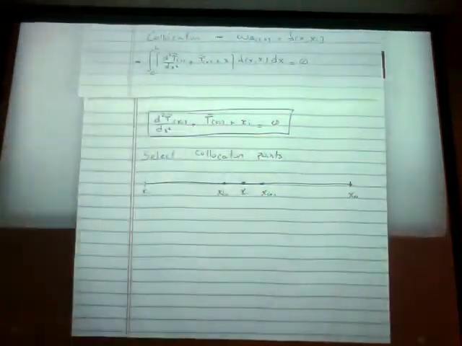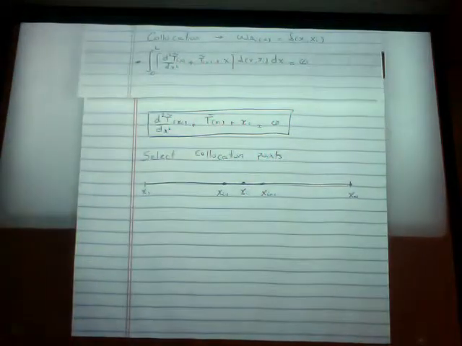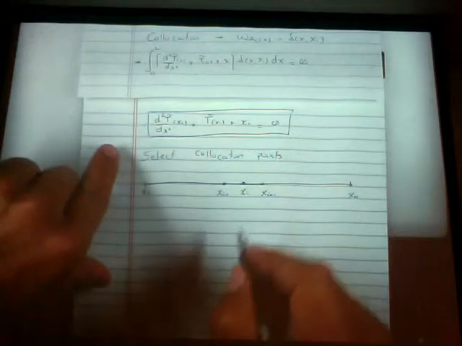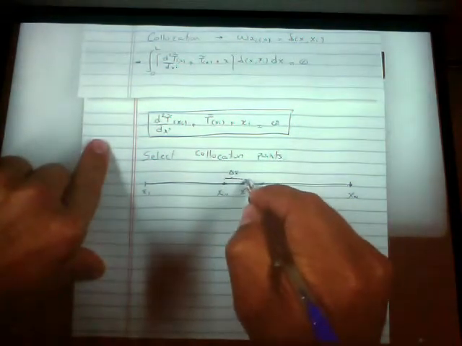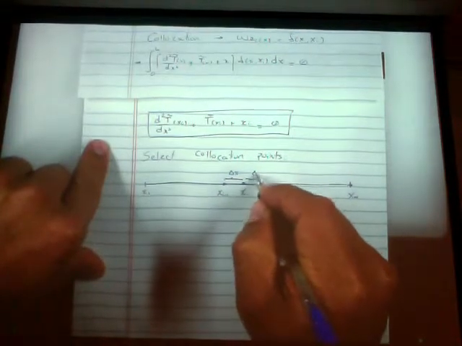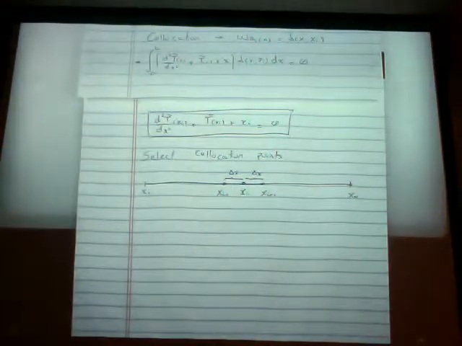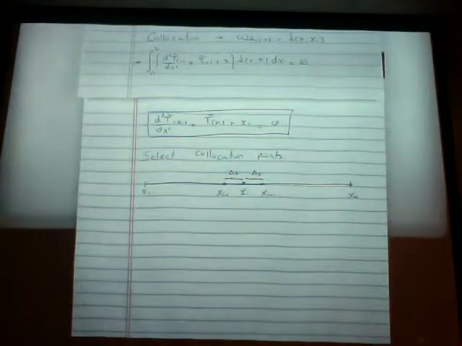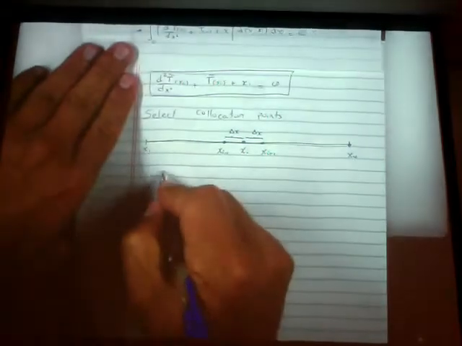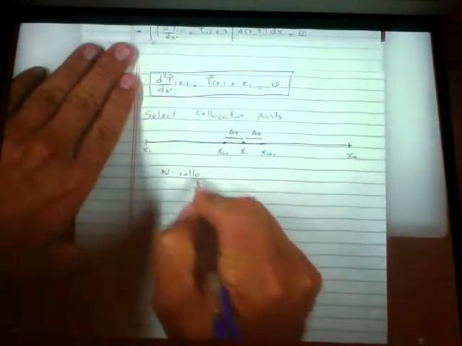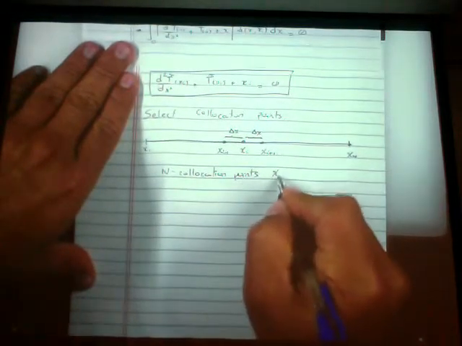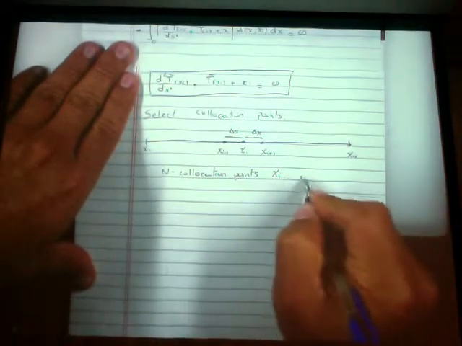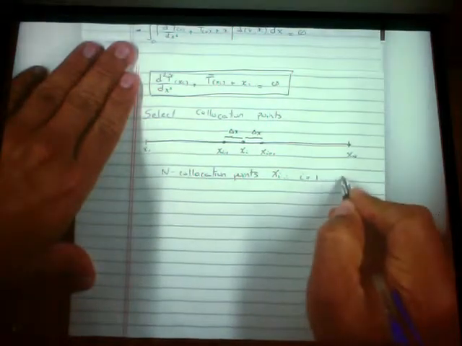So we have n collocation points, and we are going to assume that the distancing between the collocation points is uniform. Okay, that doesn't need to be the case, but for simplicity, that's what we're going to do right now. So we have n collocation points, xi, such that i goes from 1 to n.